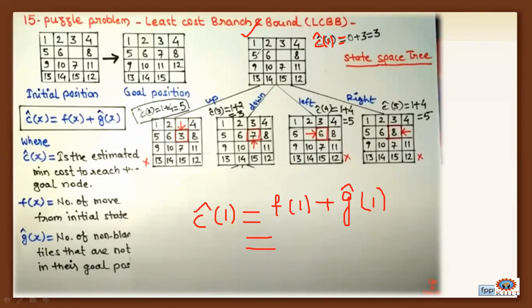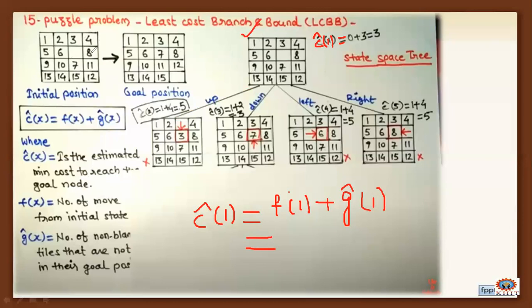So now, if you want to find F of 1, you can focus on the initial position matrix with this matrix. How many positions are to be changed? If you consider the first row, all 4 values are the same.